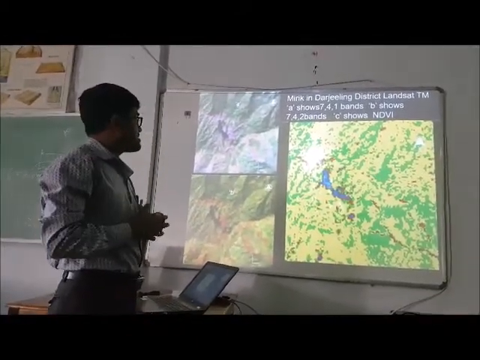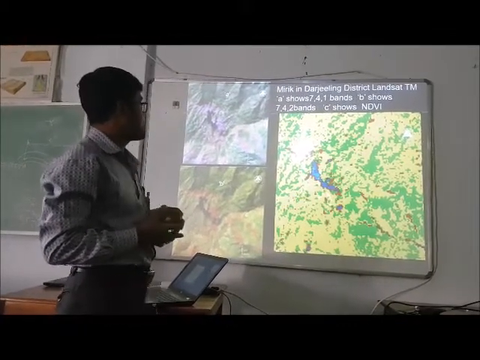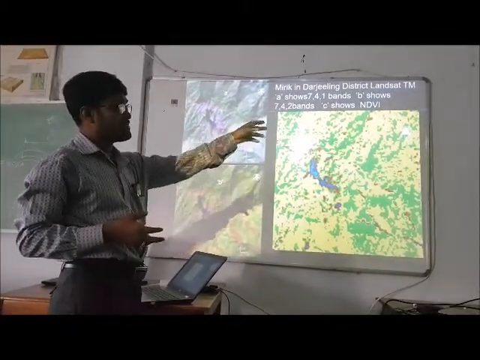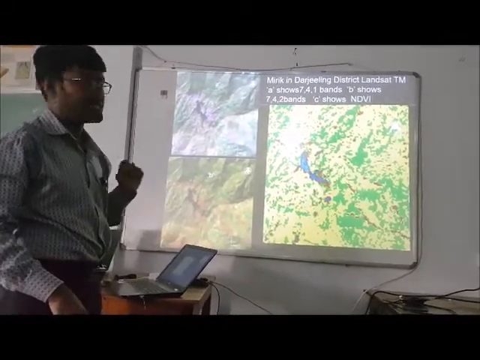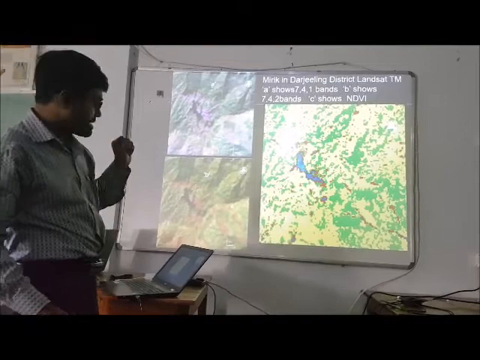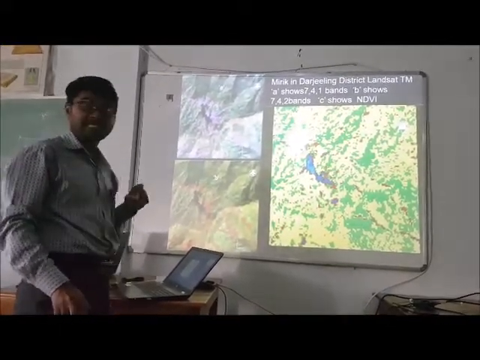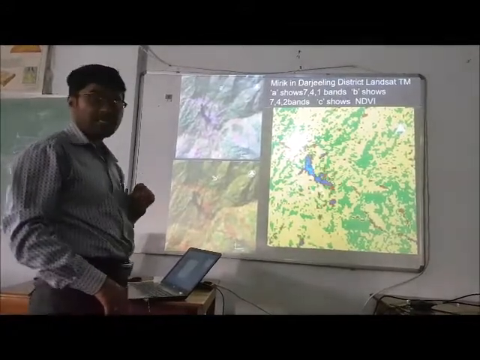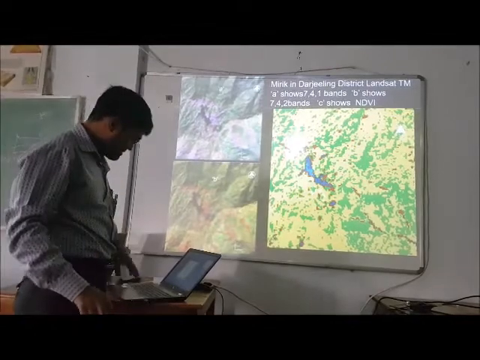For this reason, different indices can be calculated like NDVI, Normalized Difference Vegetation Index. This index was invented by Rouse et al. in the year 1972 using the red and near infrared bands.